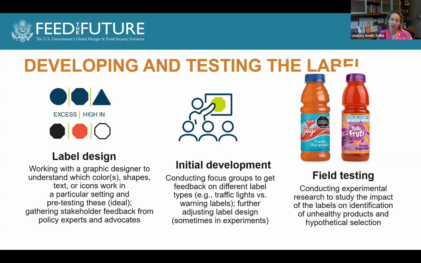But then when we go out in the field and we're objectively testing it on a product, you can see here from these juice drinks that I'm showing, a red label often blends in, right? Because the products are colorful, the product itself might be colorful, the label might be colorful, and so the red labels tend not to work. But we often have to go through multiple stages of testing and make sure we're really coming out with the strong evidence that policymakers need to be able to move forward with a particular policy design.